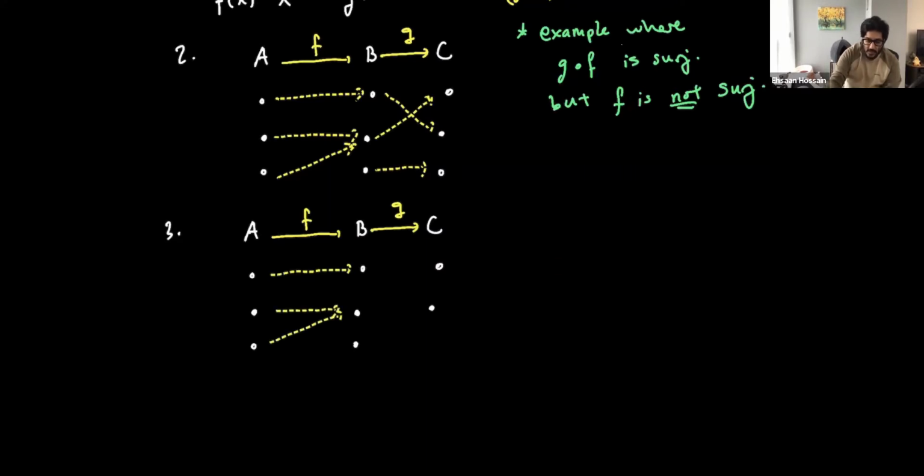So why don't I take this function here? This is the same as the one I did before. This f is not surjective because f doesn't hit this third point here. And now I can pick g to be this function, a very similar looking function.